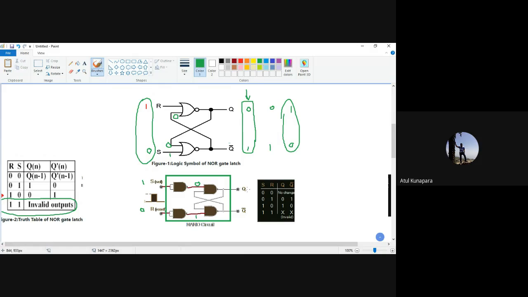And by that time, let us say my output was earlier 0 here and 1 over here. So you can say that this 0 will come here at this input. So this 0 will convert this output to 0. So your Q bar will go to 0. And that 0 will come over here.